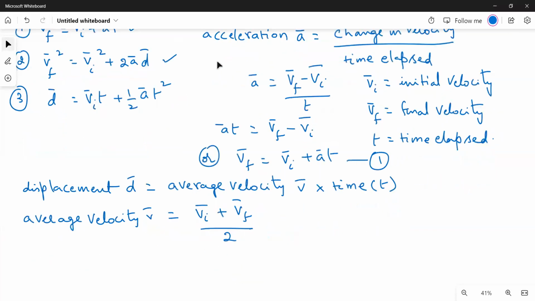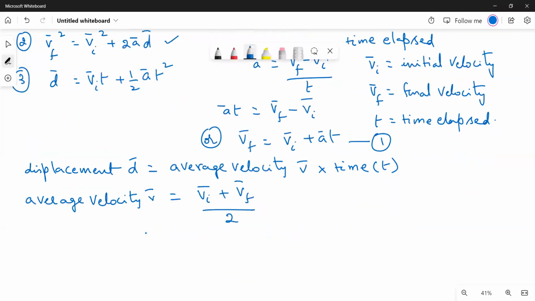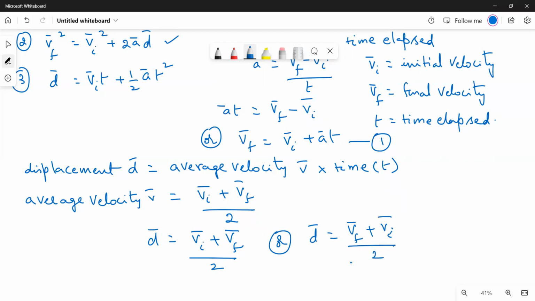Therefore, D is equal to Vi plus Vf by 2, or alternately D is equal to Vf plus Vi by 2. Both are one and the same. Times T.